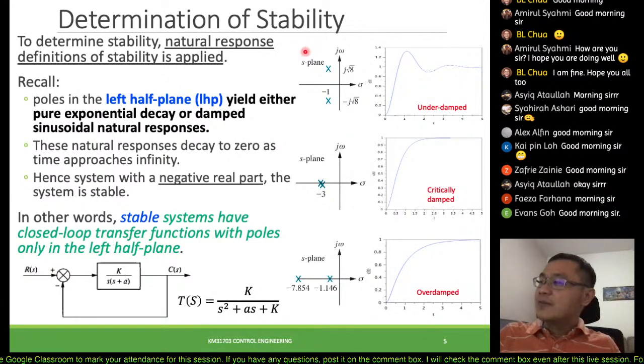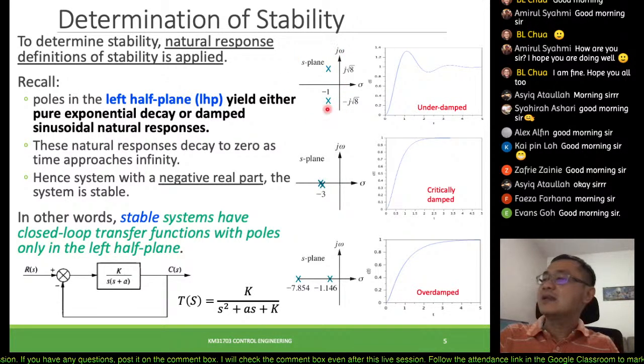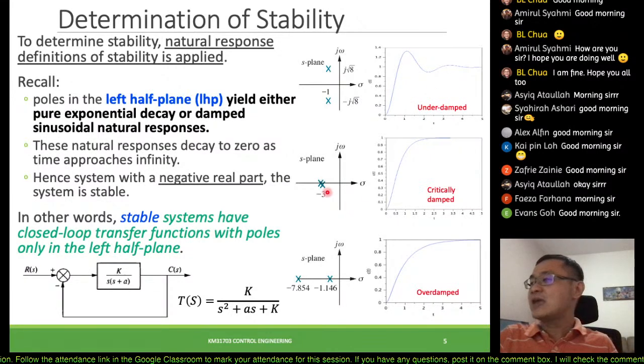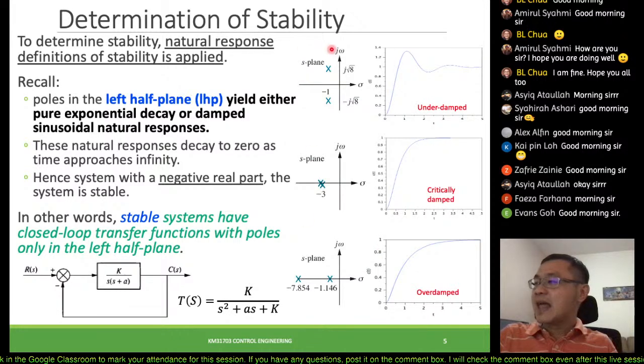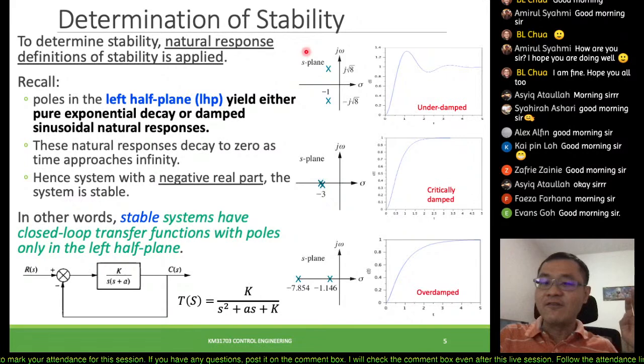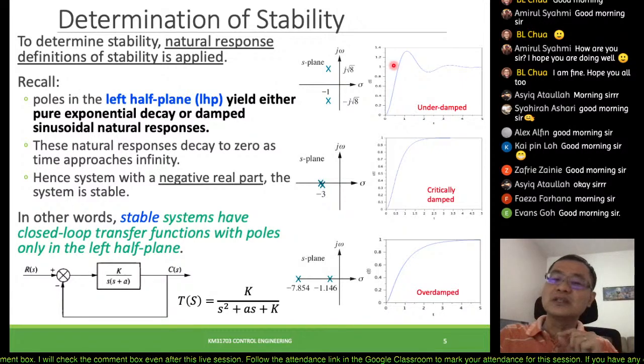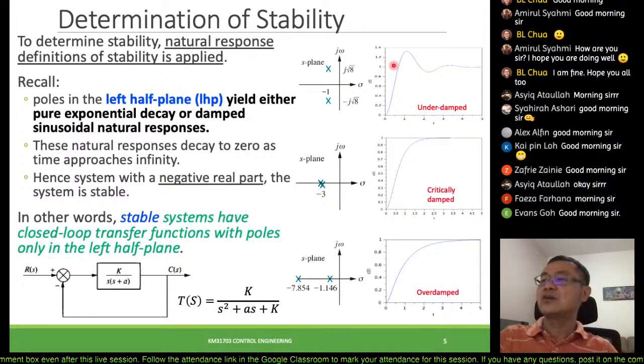As I mentioned earlier in these sessions, the left half plane will yield either an exponentially decaying or damped natural response. As long as it lies on the left half plane, it will give us a damped natural response. Eventually it will decay to zero as time approaches infinity or reach a steady state value.